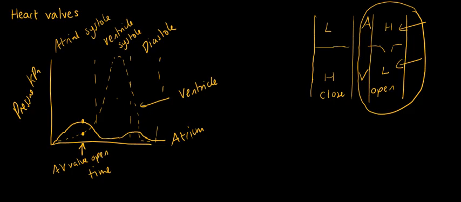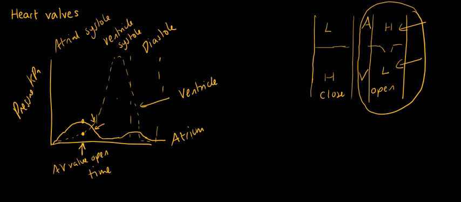Okay, then what's going to happen is the dotted line that we have for our ventricle pressure is going to become higher, around about here, than the atrium line, which is now lowering. And that is because the blood is passing from the atrium into the ventricle. So at this location here, which is where there's the crossover, there's a change in pressure.